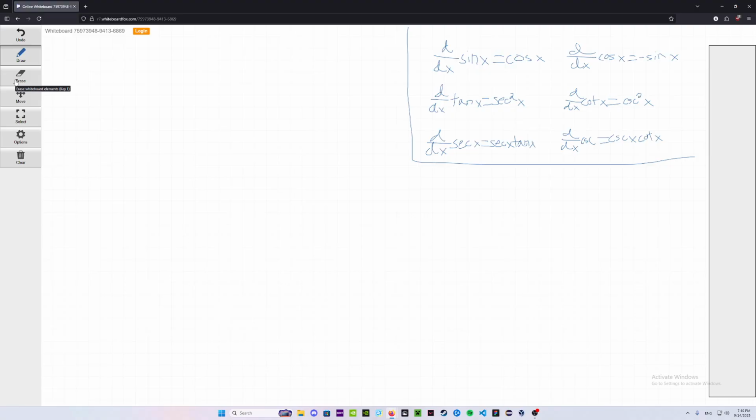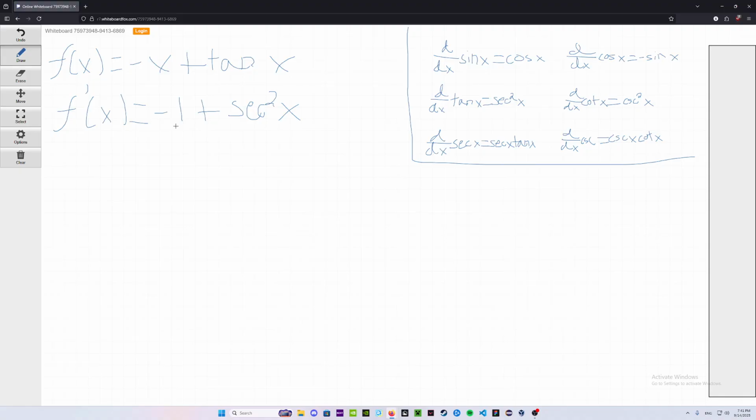I'm only going to do one problem here, to make it short and simple. Let's see, I have f of x equals negative x plus tan x. Now we know f prime is going to be equal to negative 1 plus secant squared.